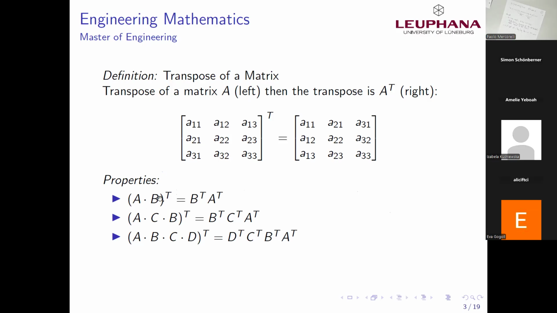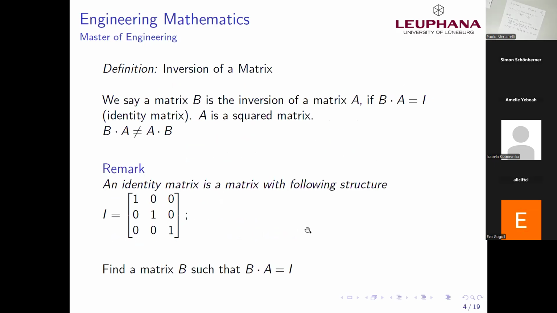The transpose of the product of A and B equals B transpose times A transpose. I didn't put a dot because when you have matrices, it's always a dot product.